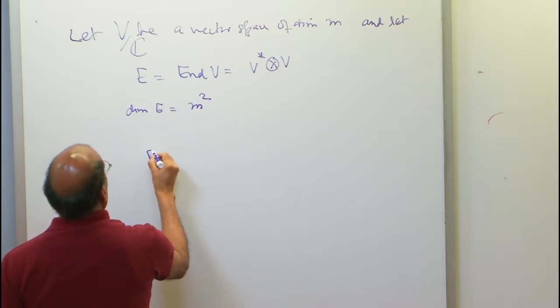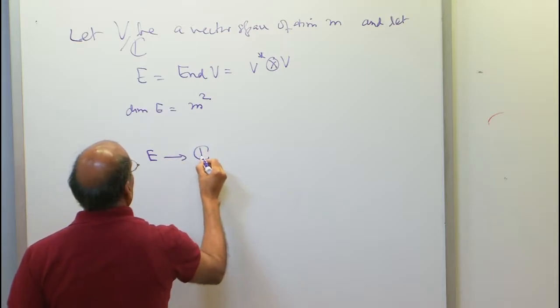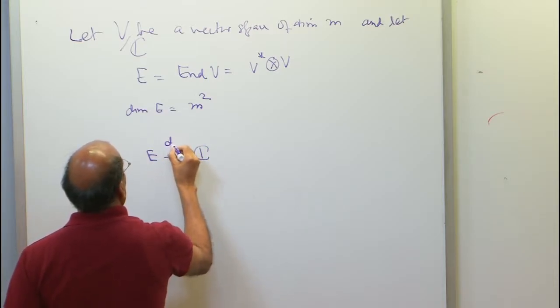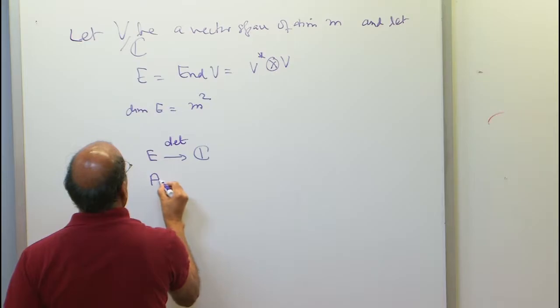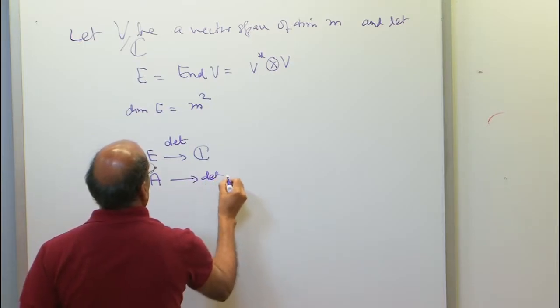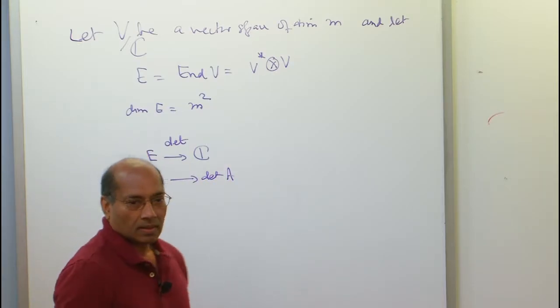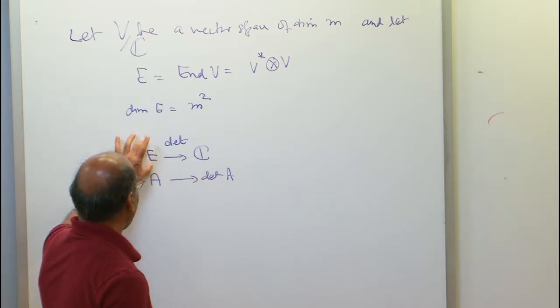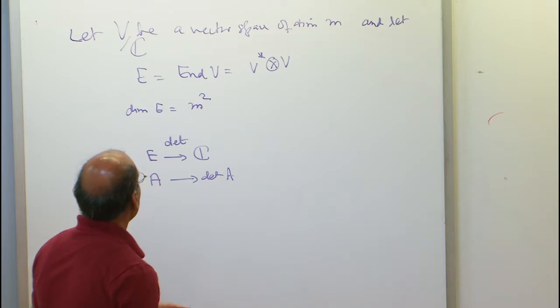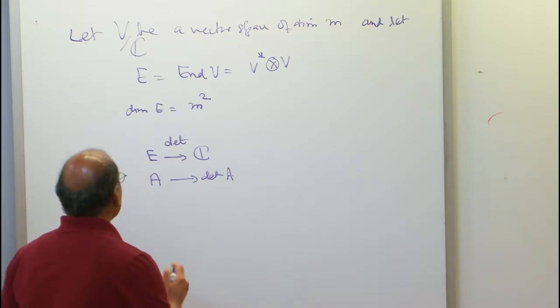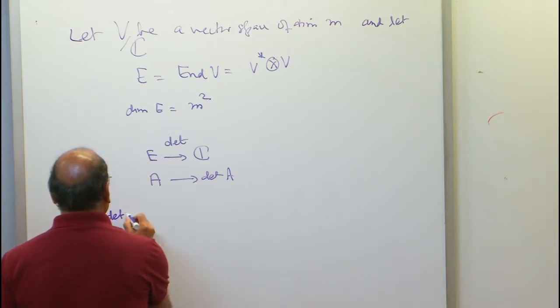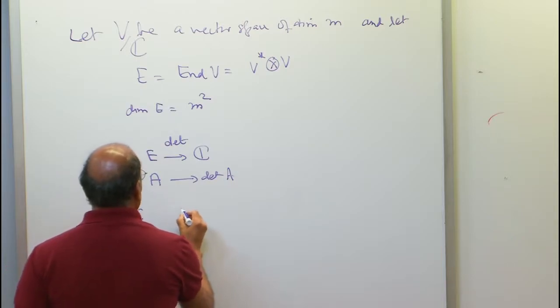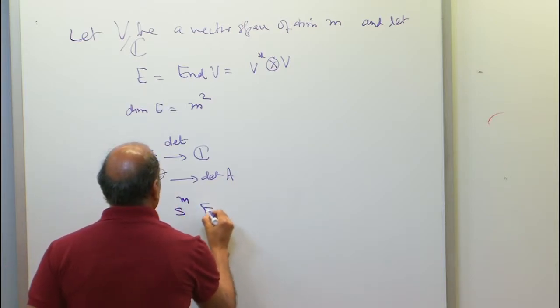Now we have a function from E to C, the determinant function. If I take an m by m matrix, I can take its determinant, and the determinant is a polynomial of degree m. So I can think of the determinant as an element in S^m of E star.